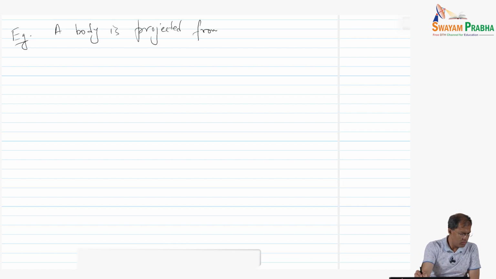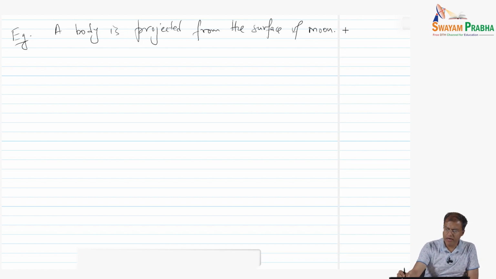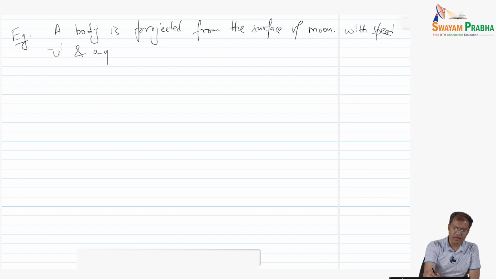The problem says we have a body which is projected from the surface of the moon, with speed u and in any direction.